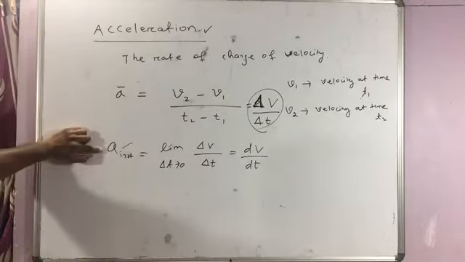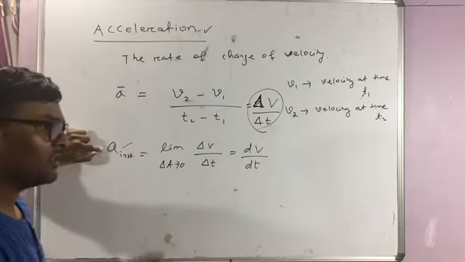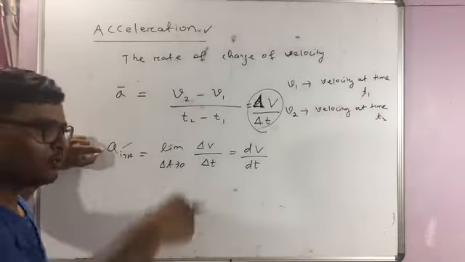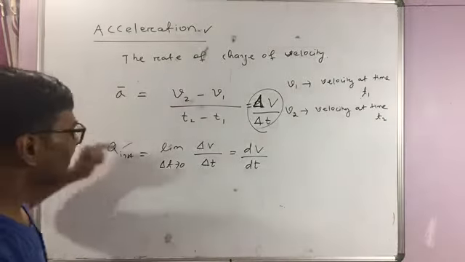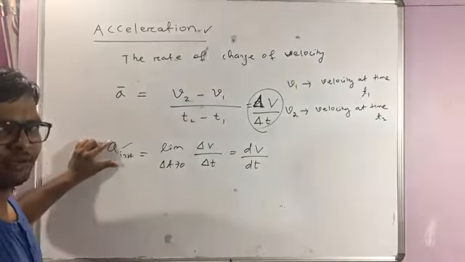Suppose one object is accelerating, which means its velocity is changing. So at a particular moment, what is the rate of change of velocity? That is called your instantaneous acceleration.